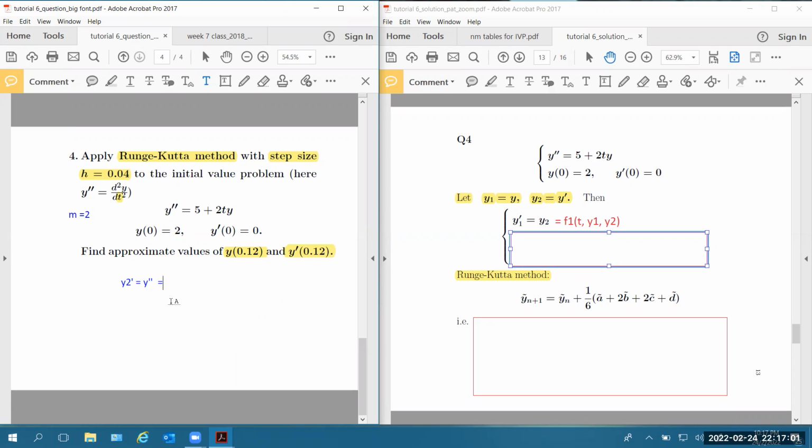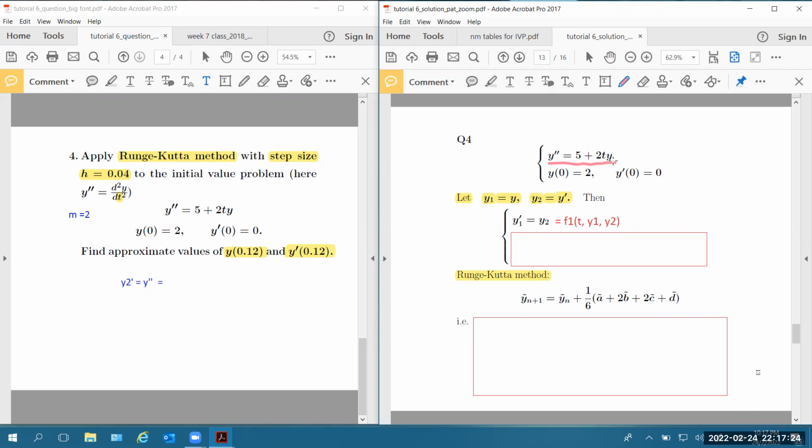Can you all see what is y prime prime in this question? Anyone? Hey, class, are you still awake or not? It's 5 plus 2ty. Yeah, that's right. You just see from the question.